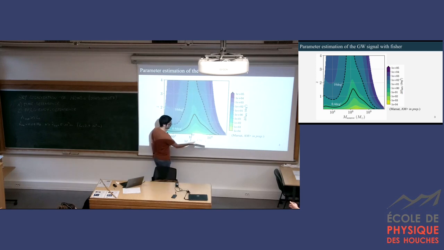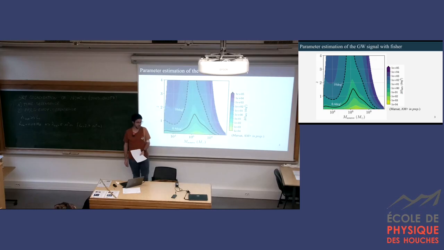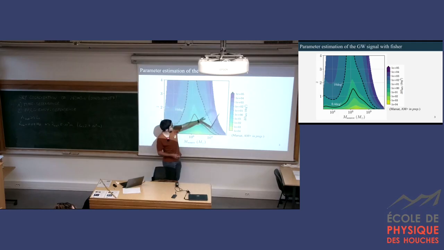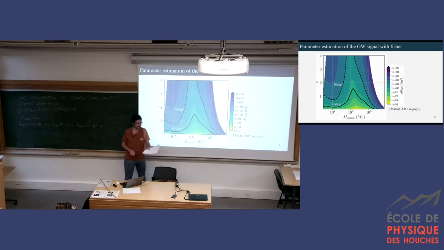Here you typically have both the motion of LISA and the high frequency response of the detector. Wait, I think I misunderstood the plot. I thought it was better in the wings than in the core, but actually you have better resolution in the core, right? Yes, brighter color corresponds to better sky localization.